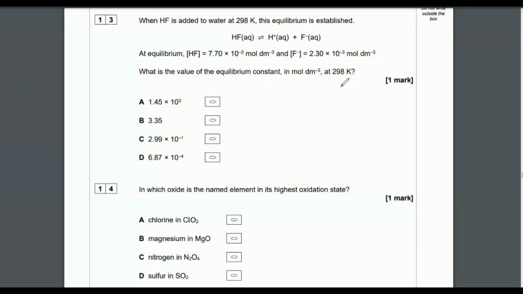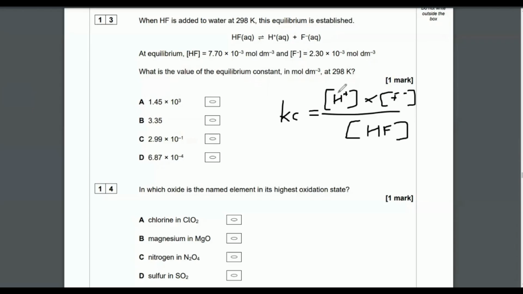So what we have to know here, the equilibrium constant, that's Kc, isn't it? That is equal to products over reactants. So we're looking at H plus multiplied by F minus and dividing that by HF. So it's always products over reactants for Kc. We've been given F minus, but check this.